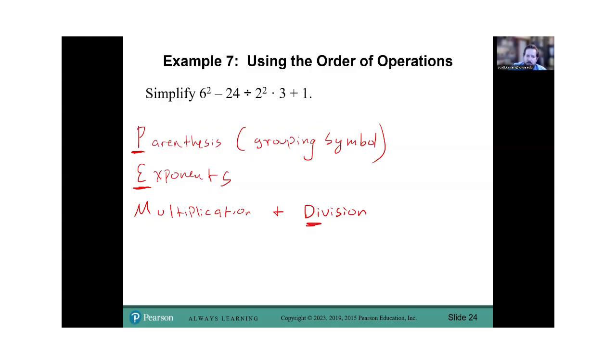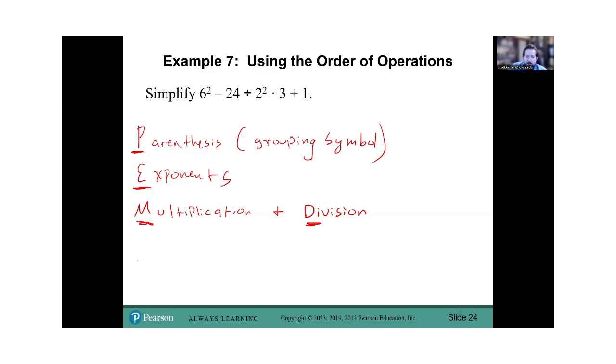That's my M and my D. Meaning when I come down to this line and I'm looking at the multiplication and division, I go from left to right and I do whichever one of these multiplication or division comes first. I don't do all the multiplication and then go back through and do the division. I go through one time and I do multiplication as I come to it and I do division as I come to it. So if there's a divide before multiply, I do that divide first.